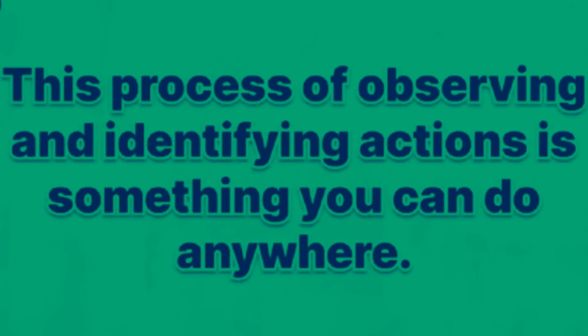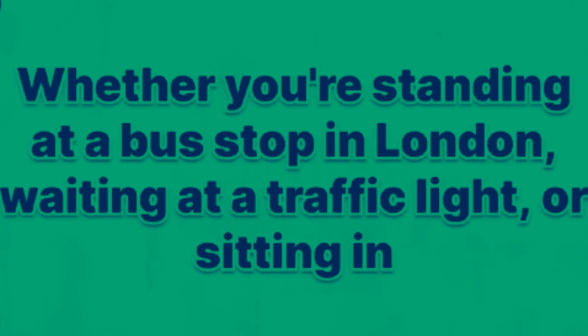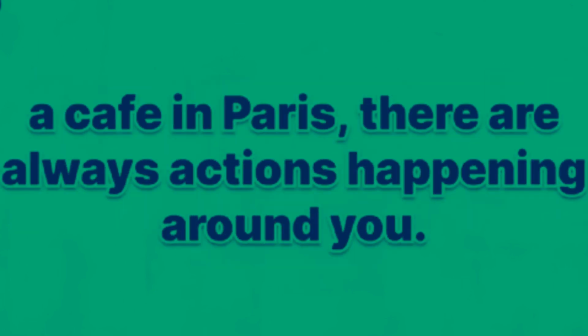This process of observing and identifying actions is something you can do anywhere. Whether you're standing at a bus stop in London, waiting at a traffic light, or sitting in a cafe in Paris, there are always actions happening around you.